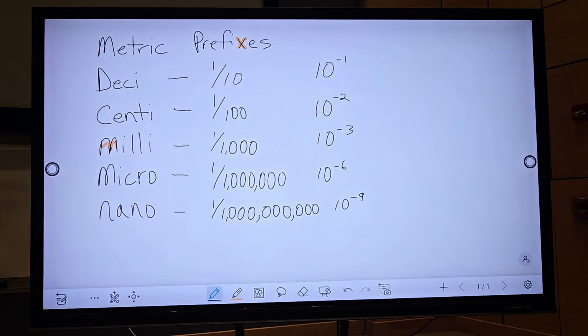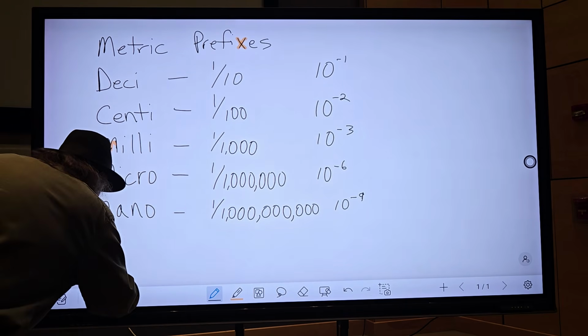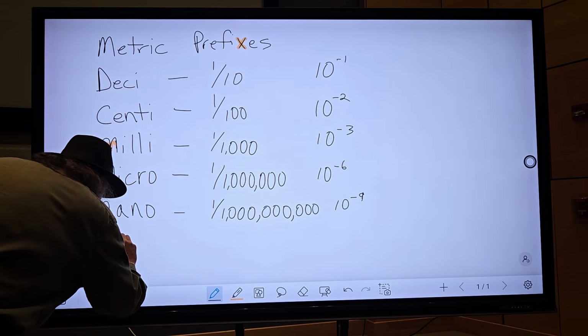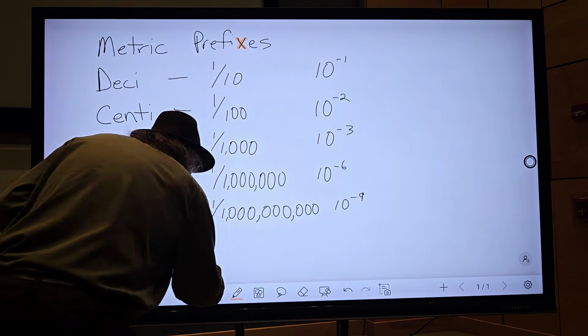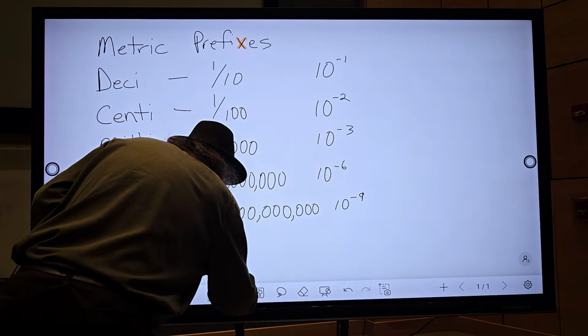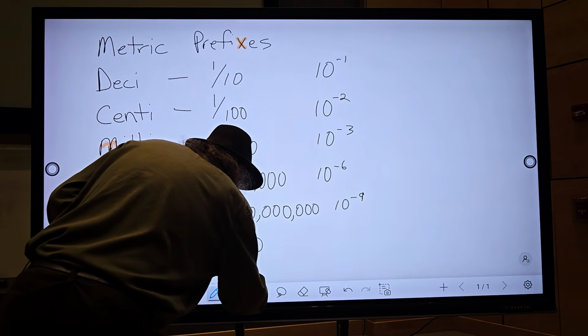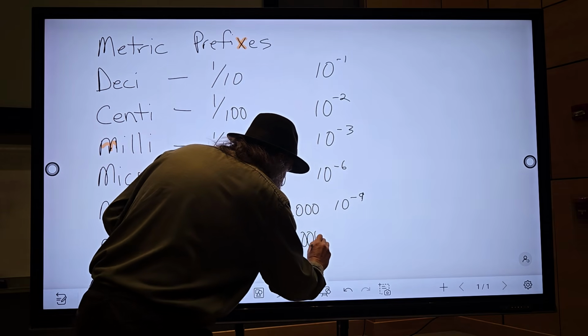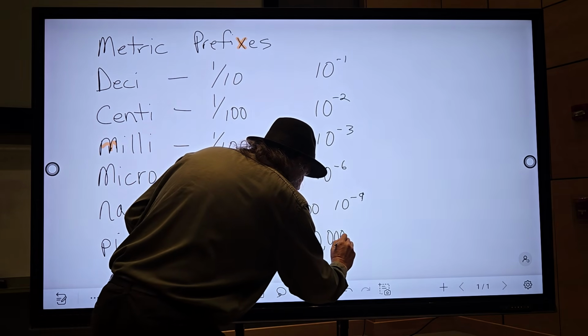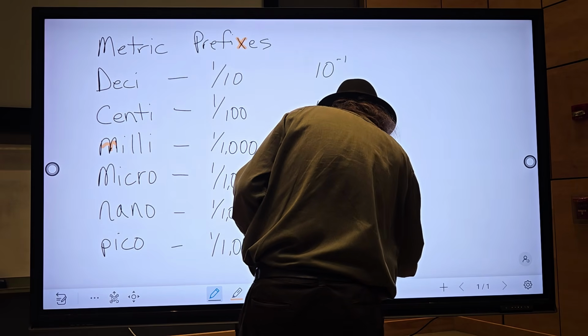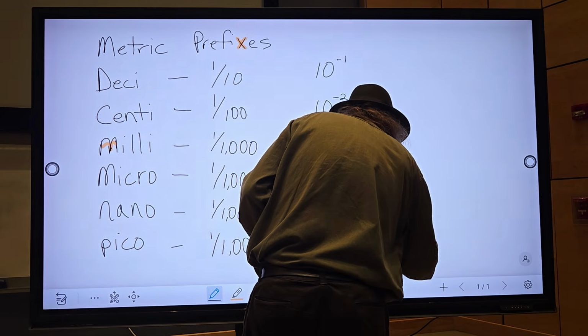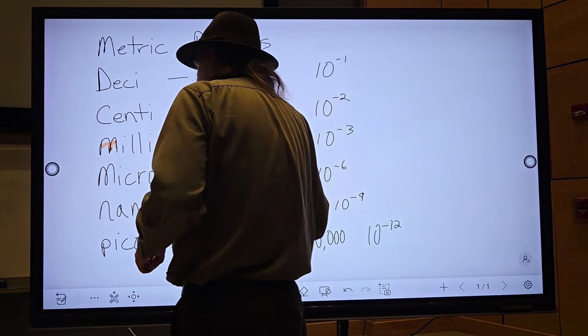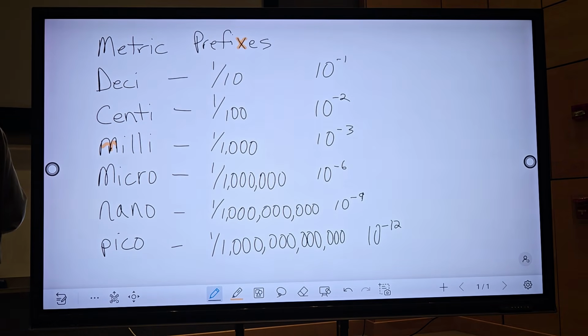And then the really little one, the pico. One trillionth, 10 to the -12. Some units are so big that sometimes you need to cut them down to a really small scale.